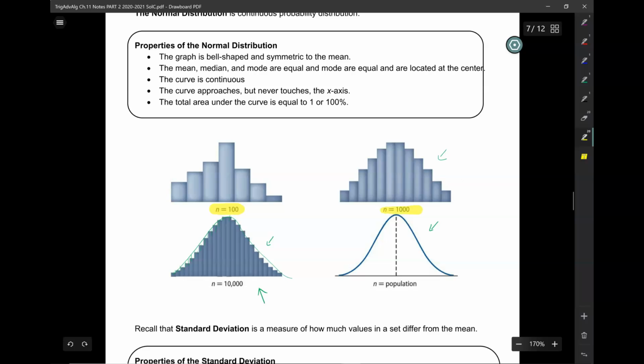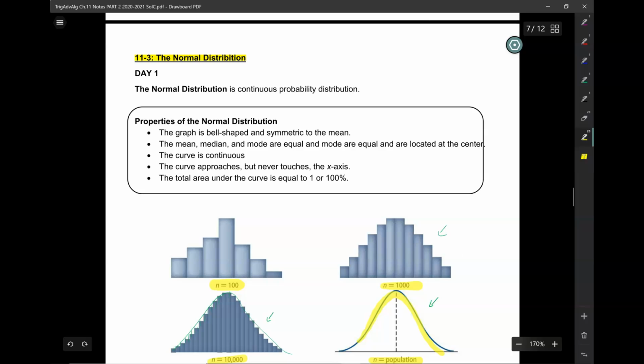Then we increase that number to 1,000, 10,000, and eventually a whole population, thousands and thousands of people. And in that case, you see how you have a smooth sort of trend happening. So this is what we call the normal distribution.